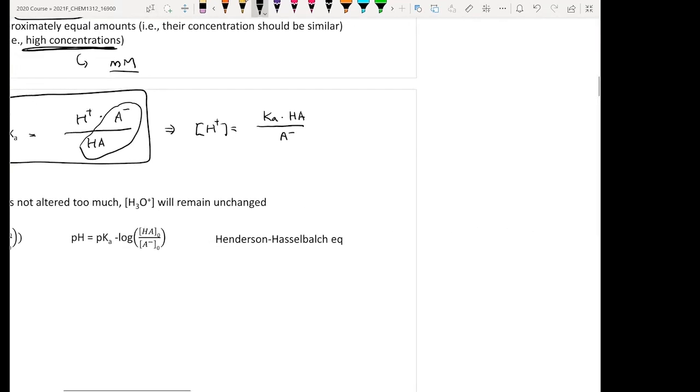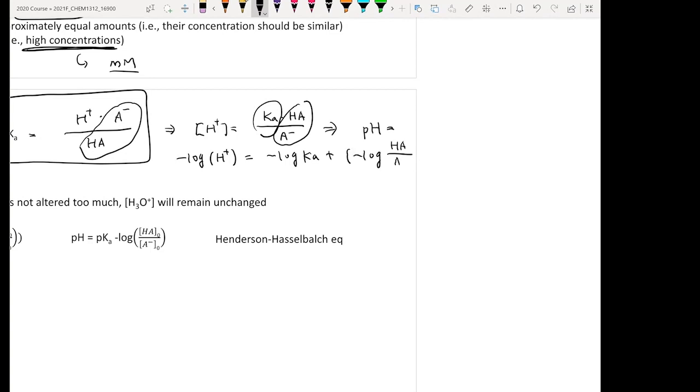Then I want to convert this into my pH. We know the pH is simply the negative log of proton concentration, so I'm going to take the negative log on both sides. So I have negative log H plus equals, okay, I want to put these things in one term and those in another. So it will be negative log Ka plus negative log acid over base.